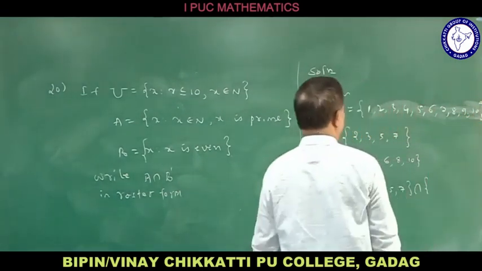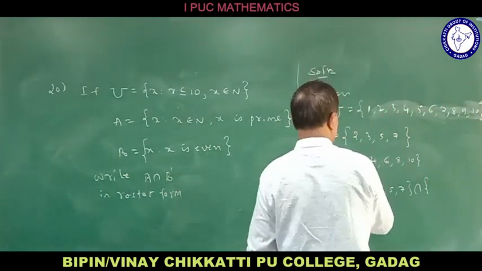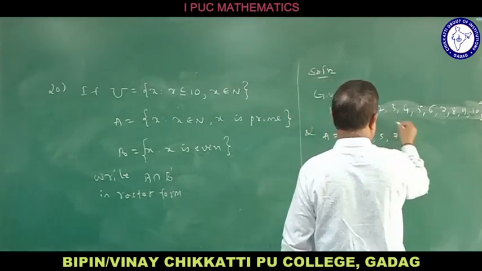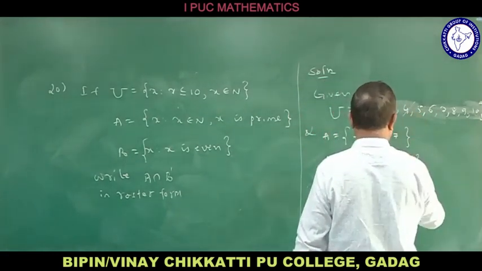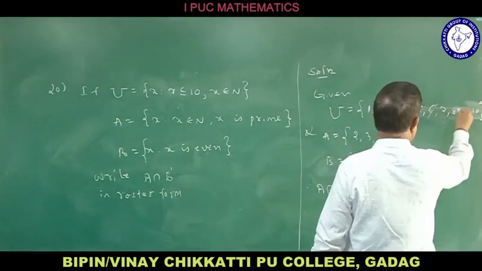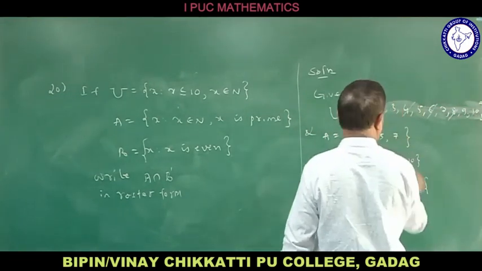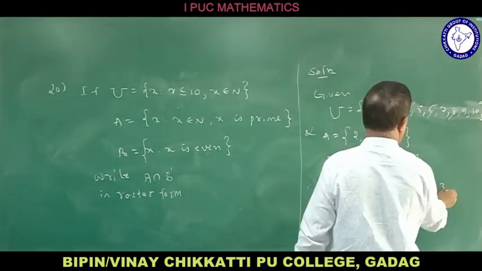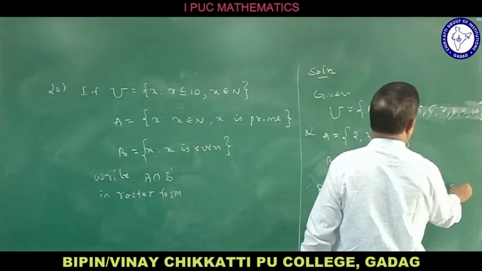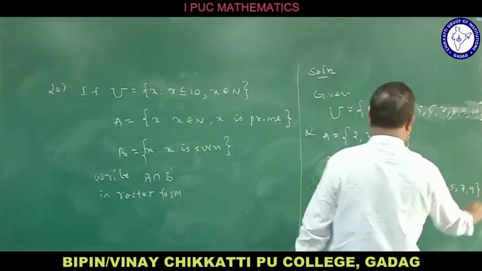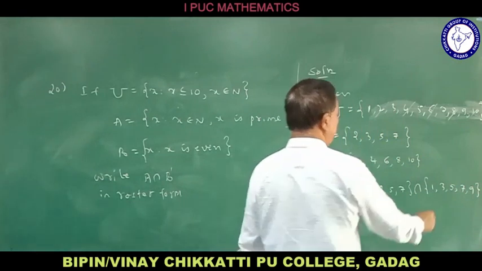So these are the set of natural numbers. Now you see B dash: 2 is not there, 4 is not, 6 is not, 8 is not, 10 is not. So remaining what? 1, 3, 5, 7, 9. Yes, these are the B complement.